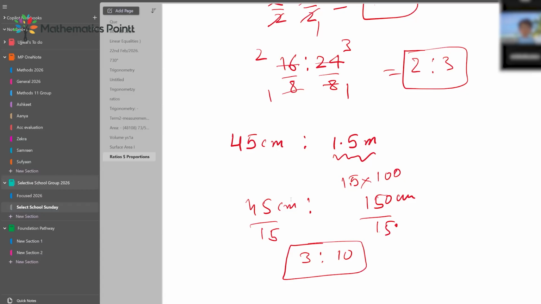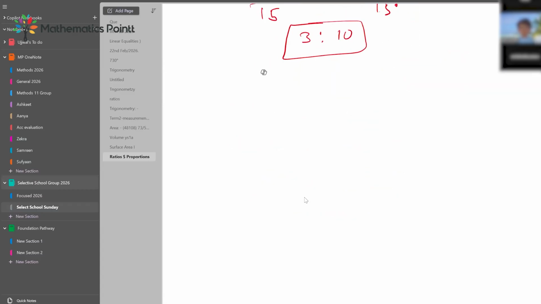Now we can extend the concept of ratios to fractions. So fractions as ratios. No big difference between what we know today.